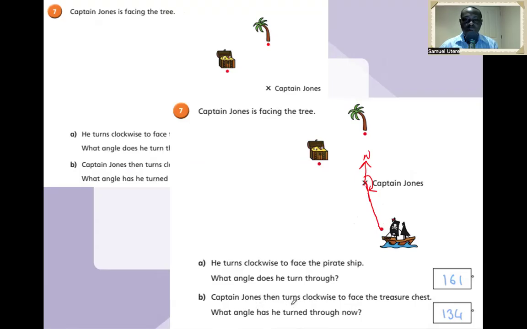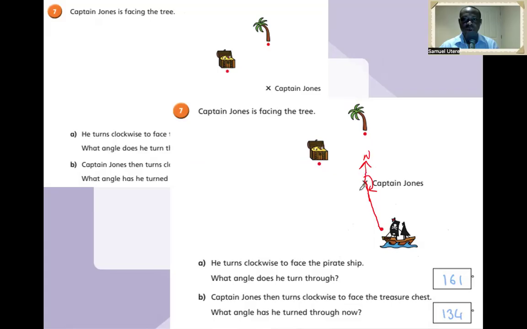Next, Captain Jones then turns clockwise to face the treasure chest. What angle has he turned through? That's what they're asking you now. So he turns clockwise to face the treasure chest.